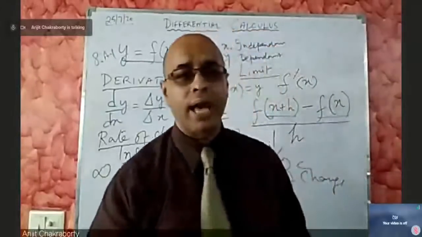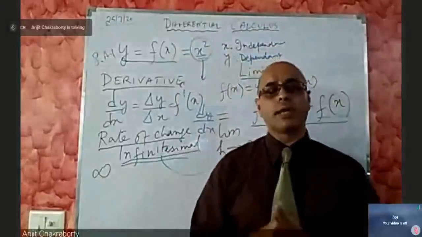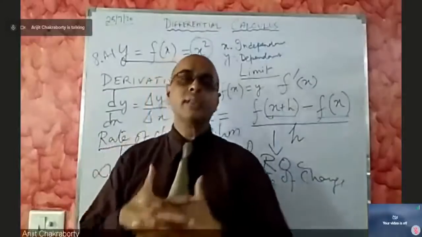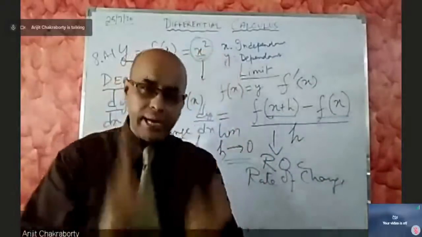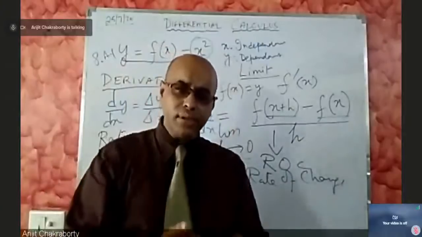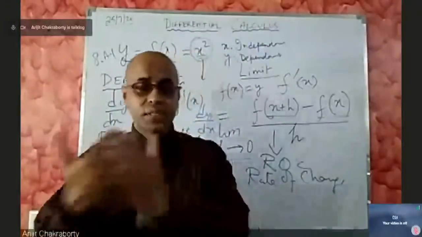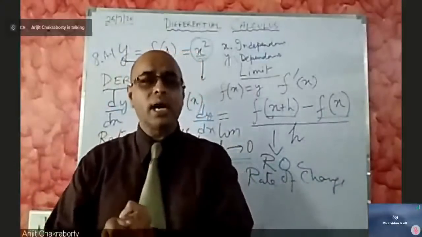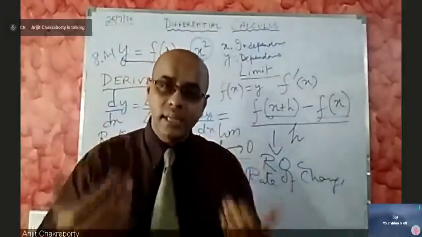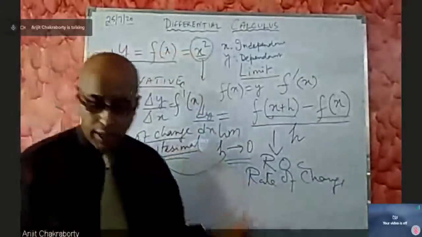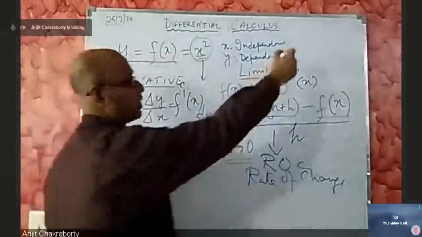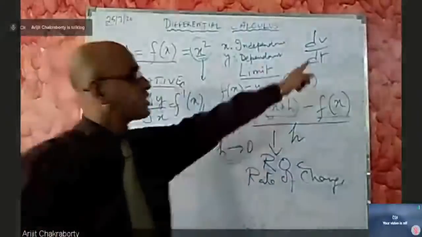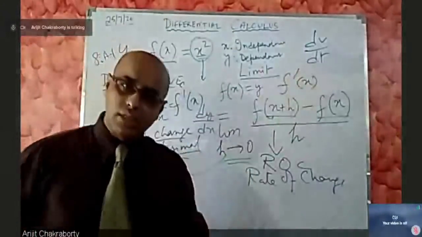The first car accelerates to 100 kilometers per hour in 9 seconds. The second car accelerates to 100 kilometers per hour in 6 seconds, which means the rate of change of velocity of the second car is higher. That means the second car is faster because it accelerates faster. So dv by dt, if you think of velocity as dv with respect to time, measures the rate of change in the velocity.